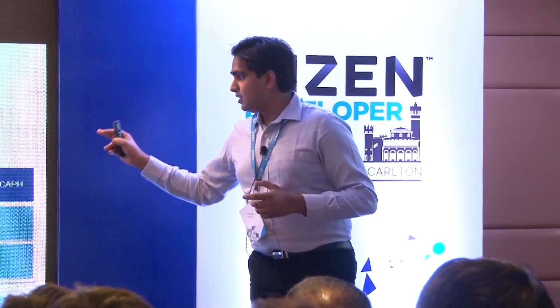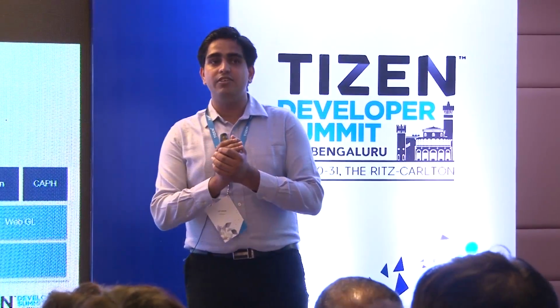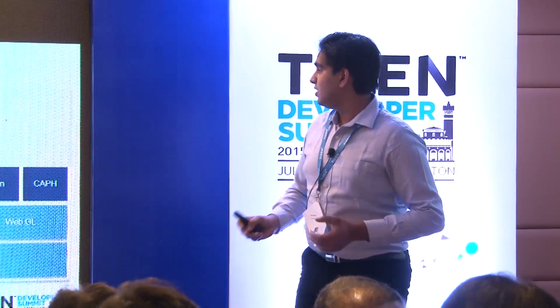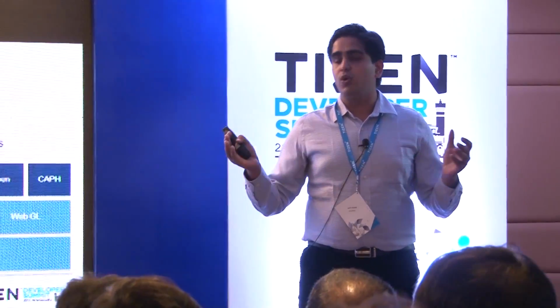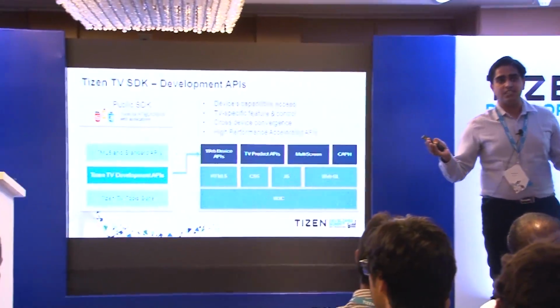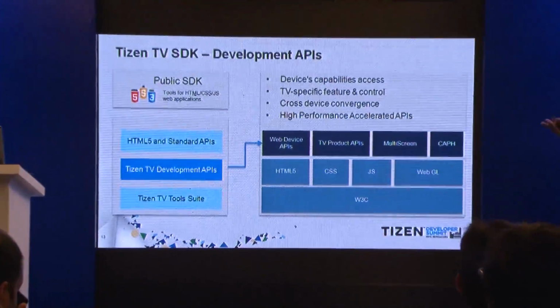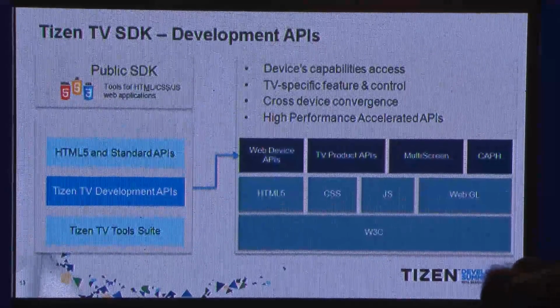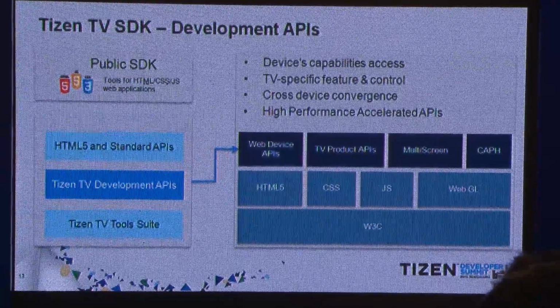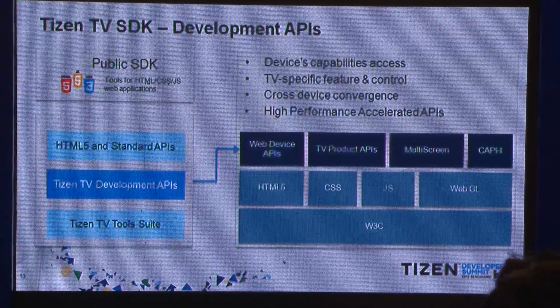I will be discussing in detail what device capabilities we have on TV. Then multi-screen, which provides cross-platform convergence, giving you a seamless connection between a device and a TV. The last one is Caph, a web framework which allows you to create an impressive web application. More will be coming up in the next couple of slides.